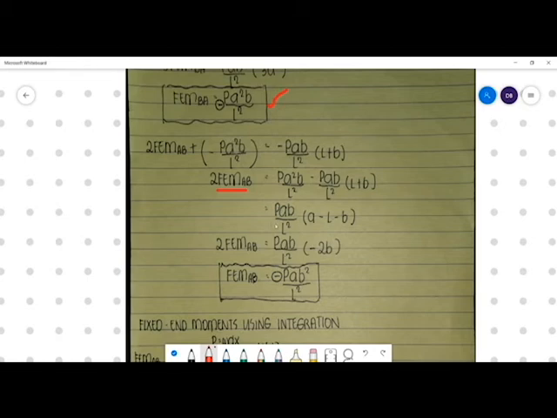PAB over L squared times A minus L minus B. That will become PAB over L squared times negative 2B. So that 2 on the other side will cancel out. FEMAB is equal to negative PAB squared over L squared.